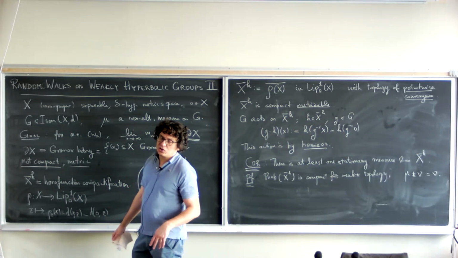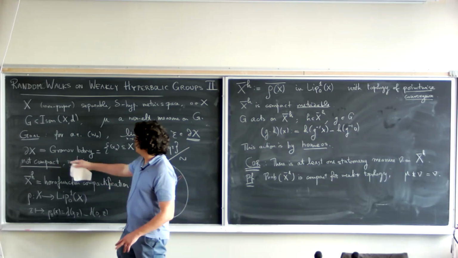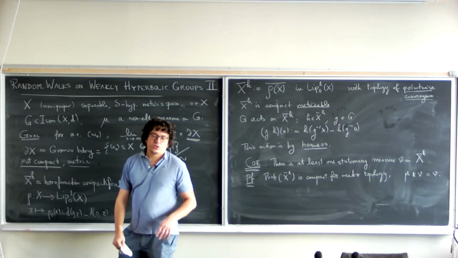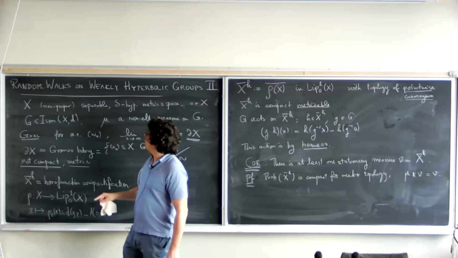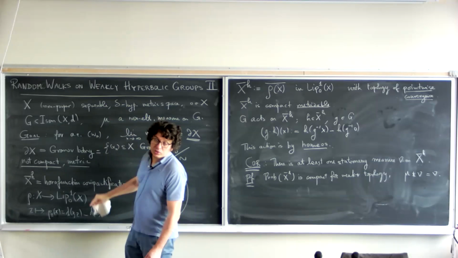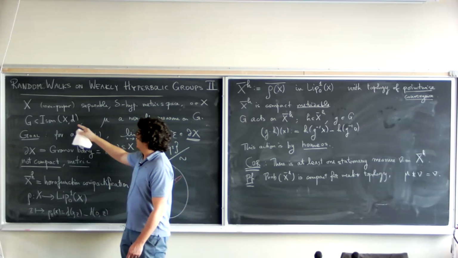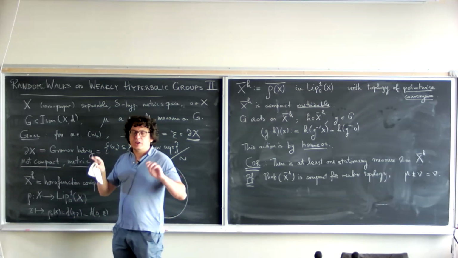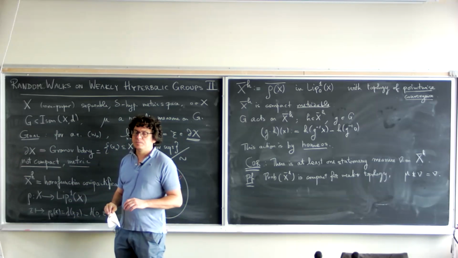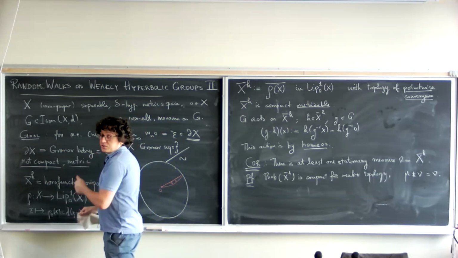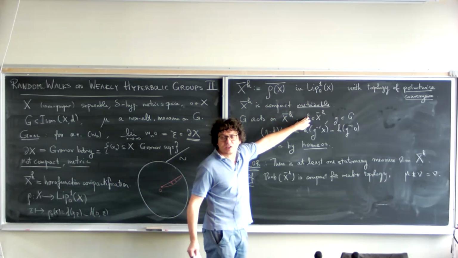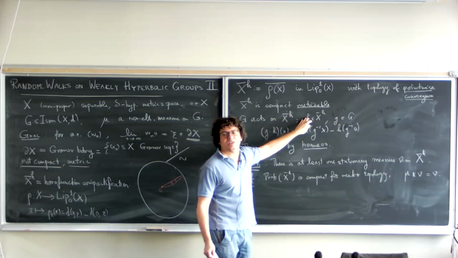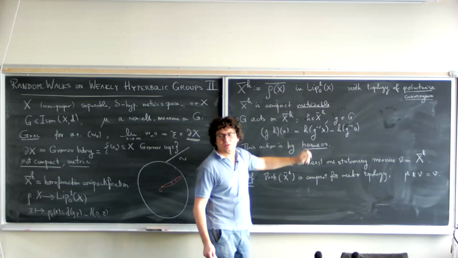So G is a countable group, and you have to use the delta hyperbolicity to say that this convex hull is invariant by the group action. But that's right. This object, if X is separable, is always compact and metrizable. We're not using delta hyperbolicity here at the moment.